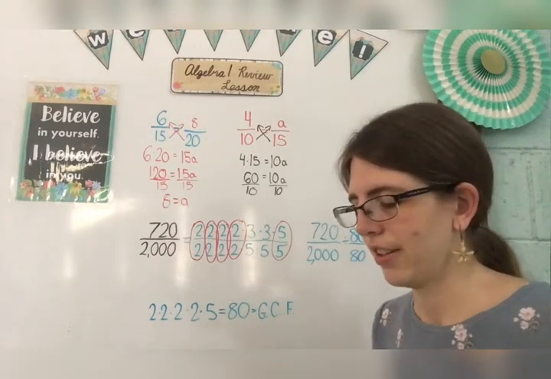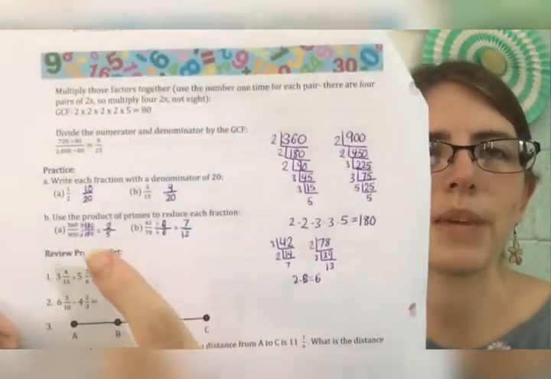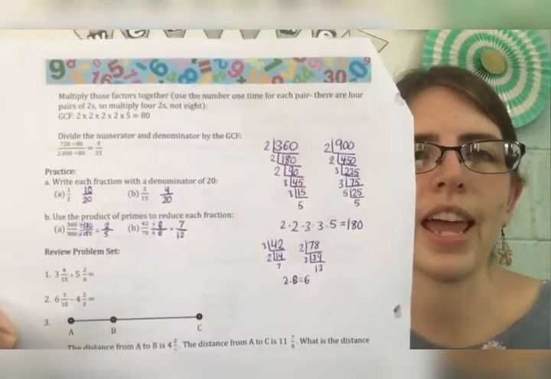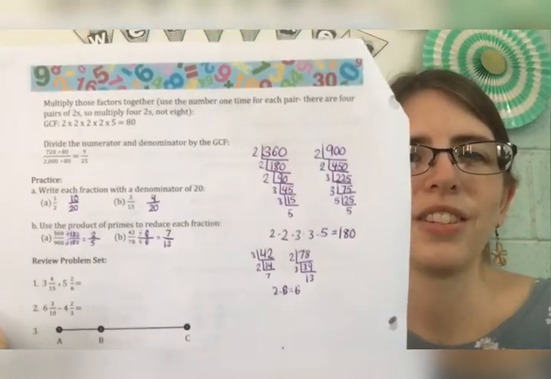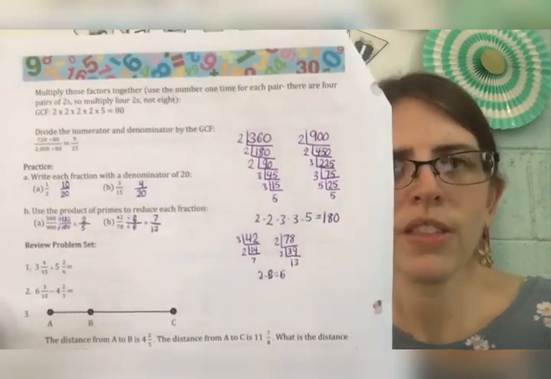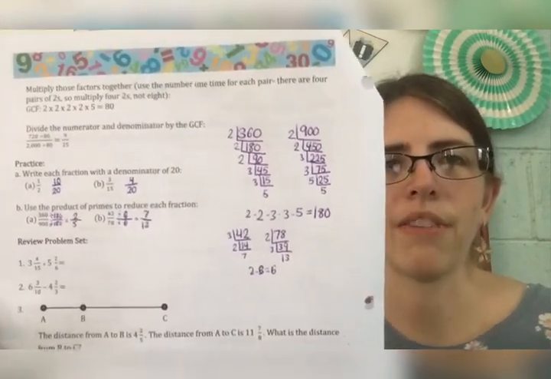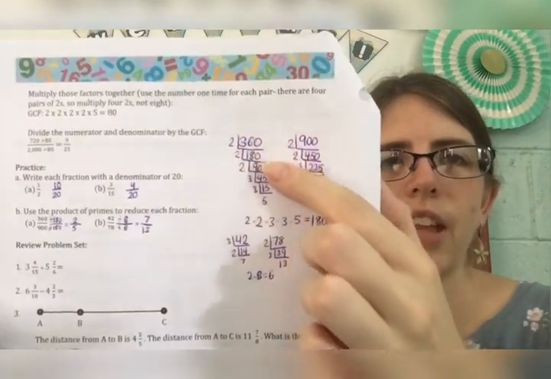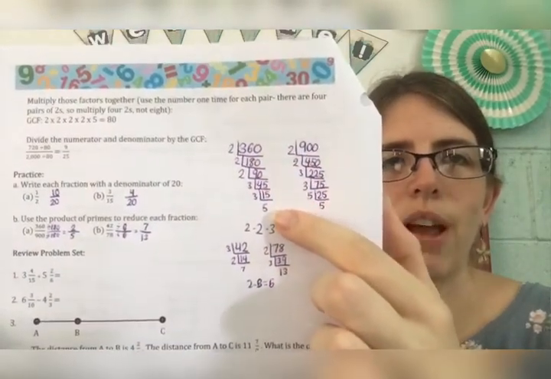Okay, so I'm going to hold this up for you to see. This is for letter B, letters A and B of letter B. So for finding the pairs of the product of prime factors for 360, I went through, found each of my prime factors.